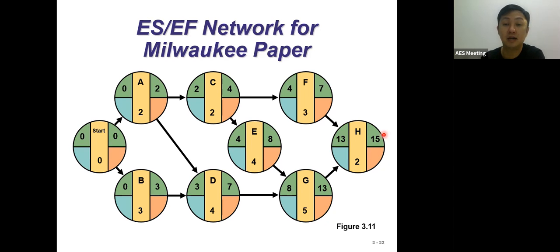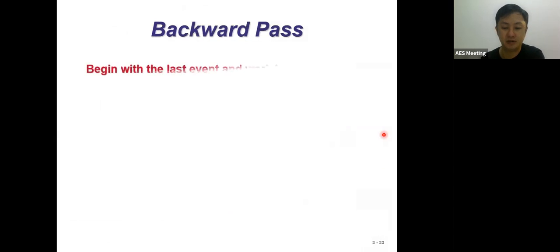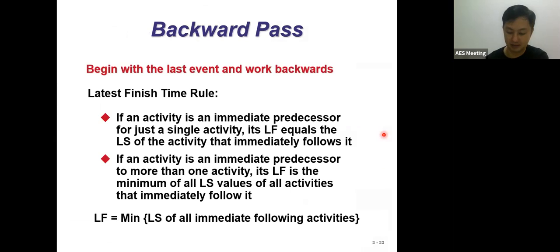Okay, so allow me to move on. Now for the backward pass. The backward pass gives you the understanding that we should follow the rules. If an activity is an immediate predecessor for just a single activity, the LF, the late finish, is equal to the late start of that activity.